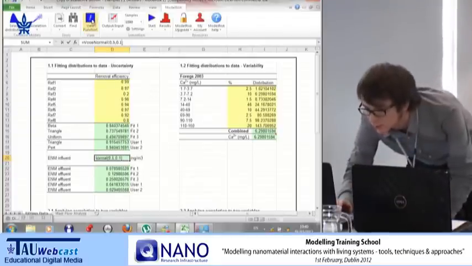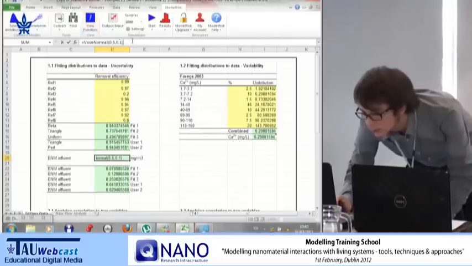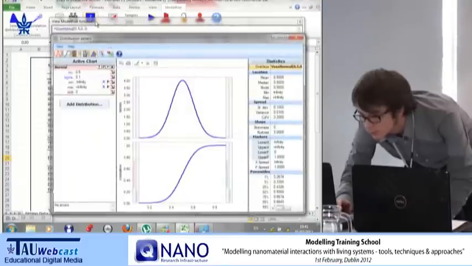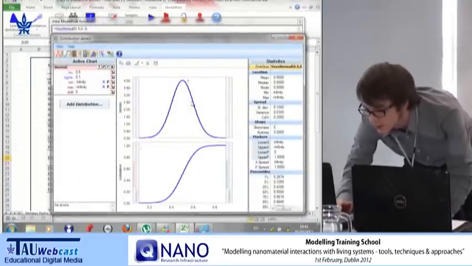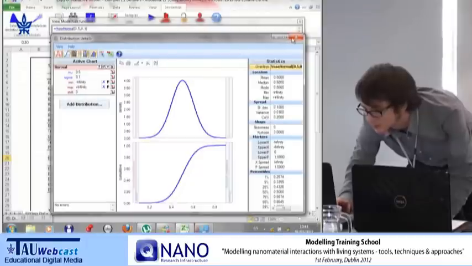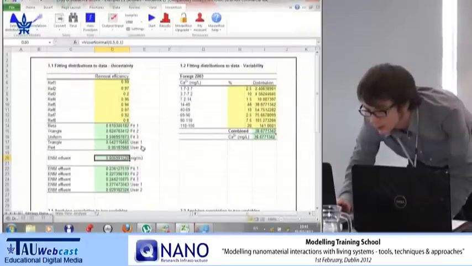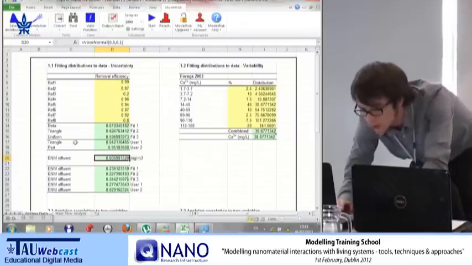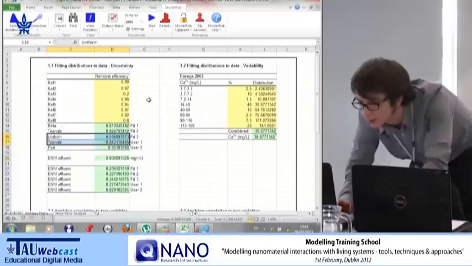So we can look at this function, the view function. And that's it here. So this is how it varies. You've got your mean, and then it varies around here, and this is a cumulative graph. Then let's say we're going to look at these two here, uniform and triangle.